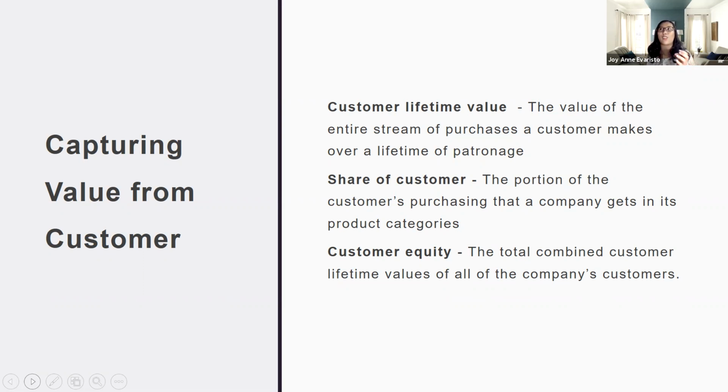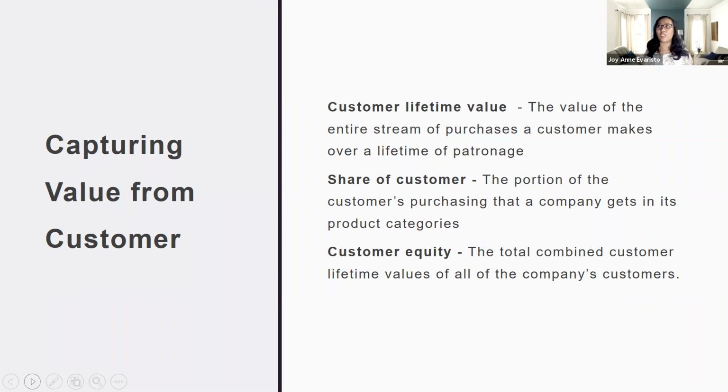The share of customer of Starbucks to you is how much you spend on buying coffee from Starbucks compared to buying instant coffee, or for example, coffee beans that you are not buying from Starbucks, etc. So in the same product category, meaning beverages, how much do you spend at Starbucks compared to other drinks that you are buying? That is share of customers.